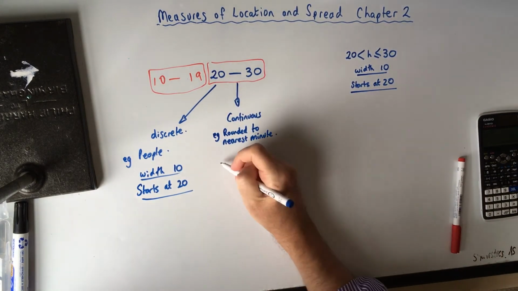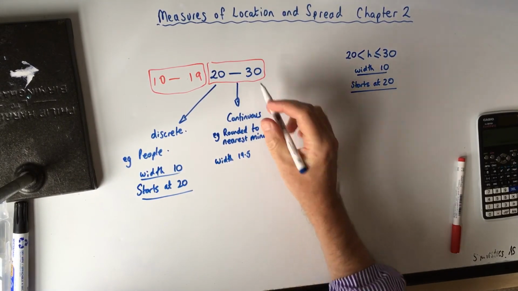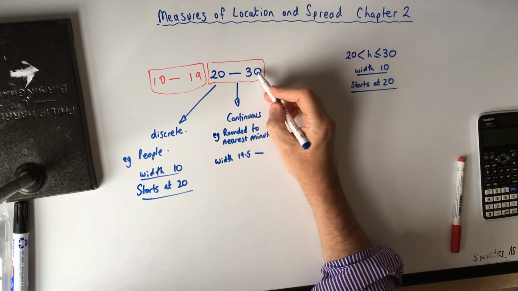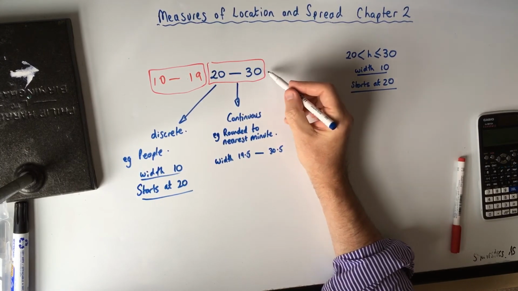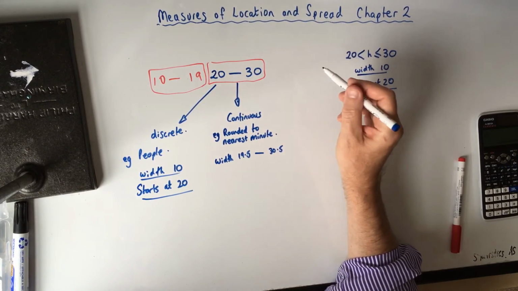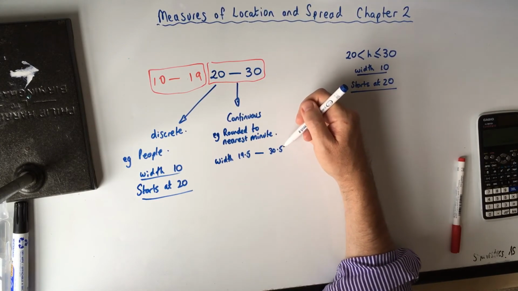So the group goes from 19.5 right up to 30.5, because you can't say 30.4, as it could be 30.49 or 30.499, infinitely close to 30.5. So we say the limit's at 30.5.